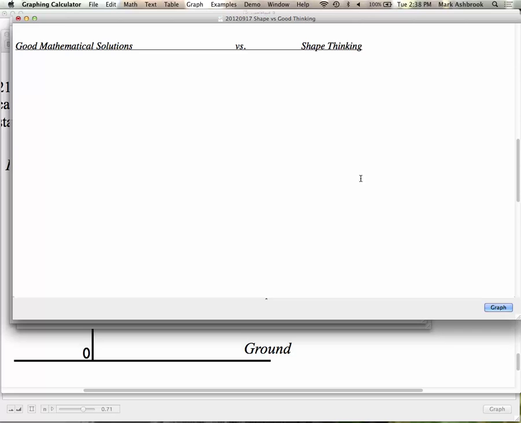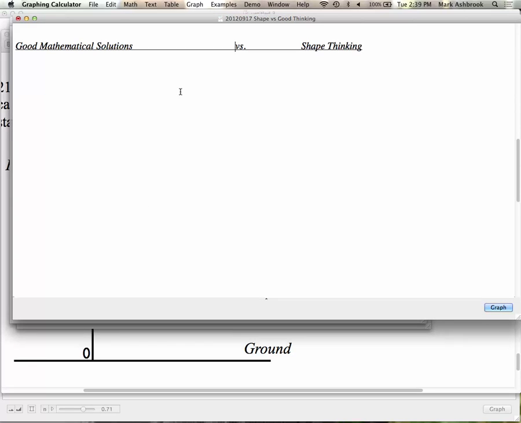Okay, and so let's talk about what you guys think are some characteristics or examples of good mathematical solutions in terms of building visuals in GC versus using shape thinking to build visuals. So this is something you guys are going to fight too. As you're going after creating these kinds of harder visuals, what would a good mathematical solution look like versus a shape thinking kind of solution in your process of building a GC animation? So let's just open it up and have you tell me what you think.